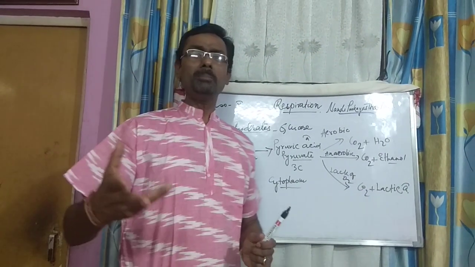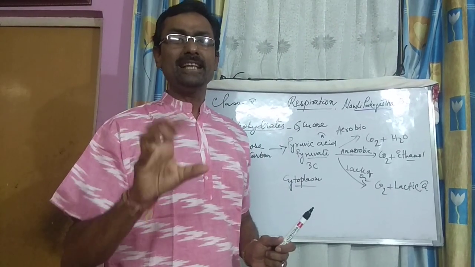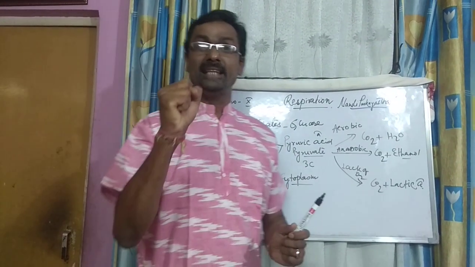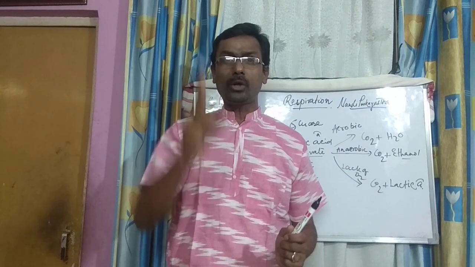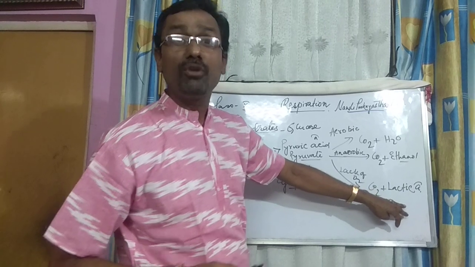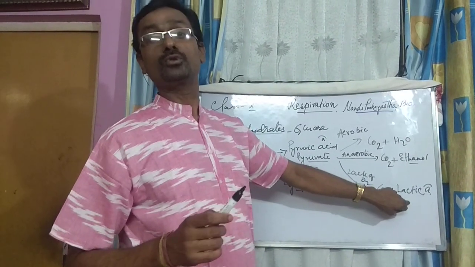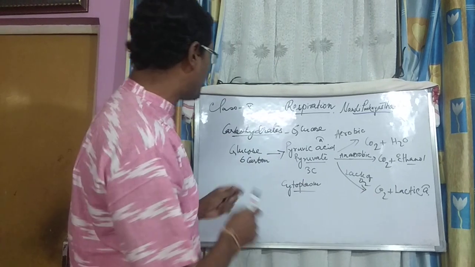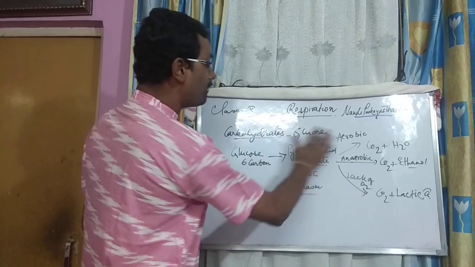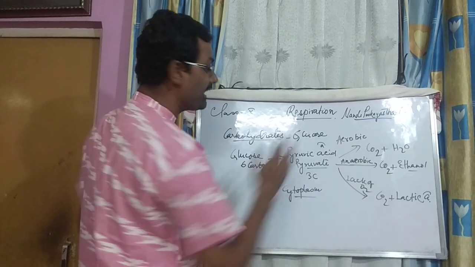If a normal person falls down, nothing is going to happen because in that case there is no lactic acid. But if there is an accumulation of lactic acid in the body, in the muscles, in the cells, what happens if a person falls down? He gets more pain, which may lead to cramp also. So that is what we are finding in the process of breaking down and getting energy.